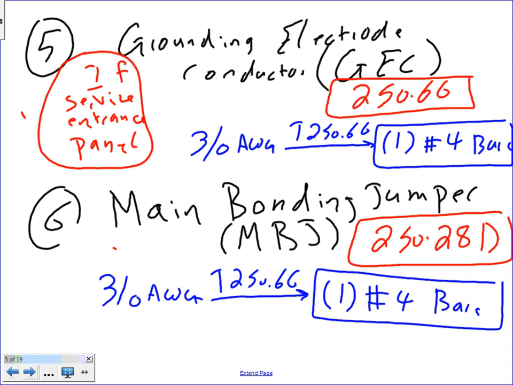So this applies to this, and this applies to this. Can you guys write yourself a note right here? It says, if service entrance panel, then you do these two. Otherwise, you don't have to do it. If it's a new lighting panel, it doesn't exist. There is no main bonding jumper in the lighting panel, and there is no grounding electrode conductor.